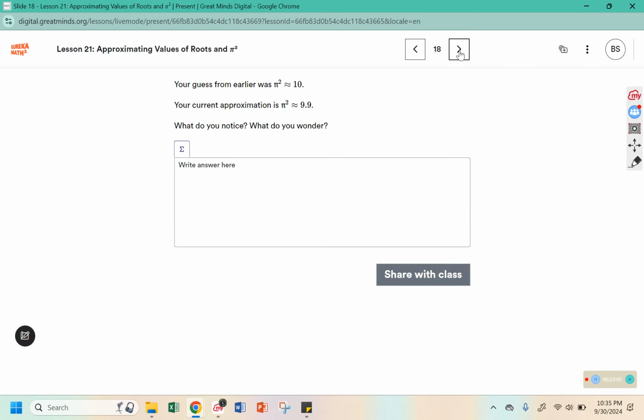All right, your guess from earlier was that pi squared was about 10. My current approximation says pi squared is about 9.9. What do you notice and what do you wonder?